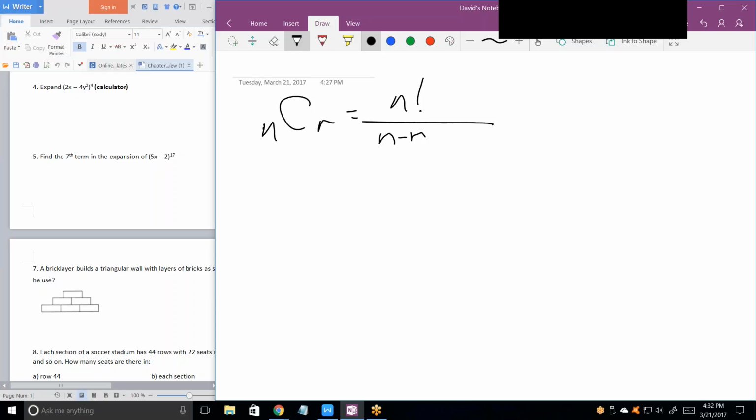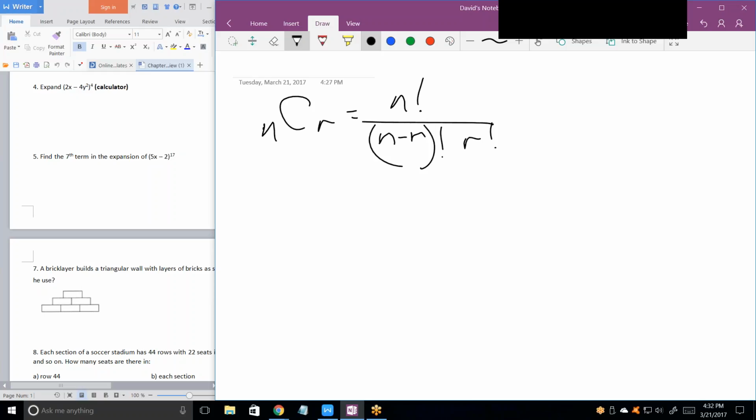I know that there's an n minus r factorial in the denominator. I also know that there has to be two n's and two r's, so there's an r factorial also. Now, what does this mean?